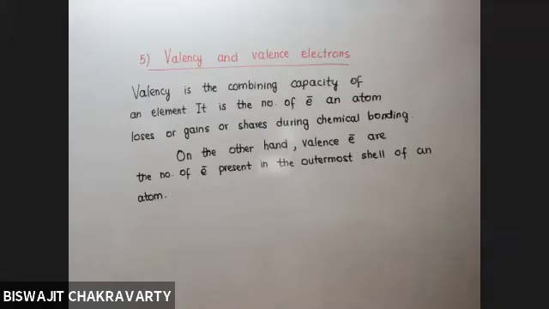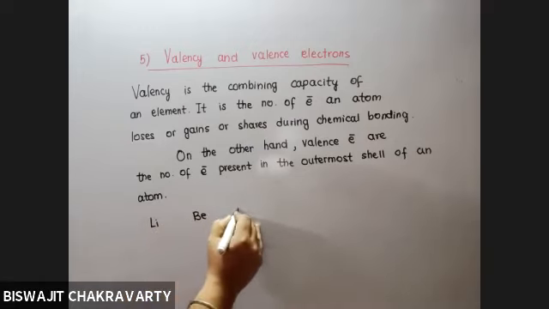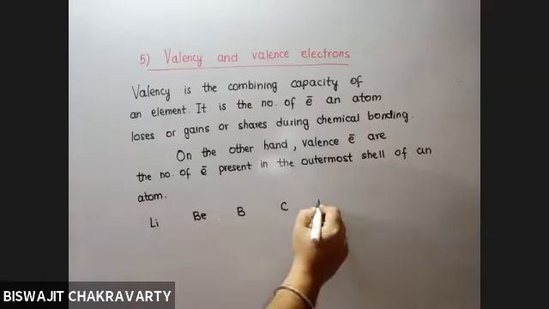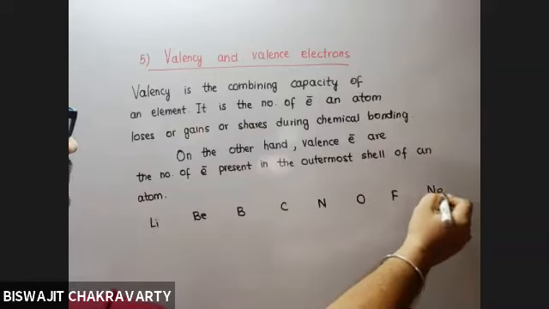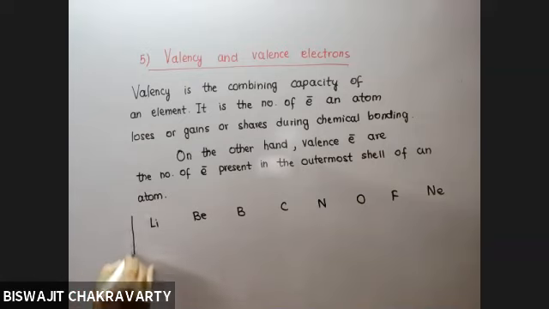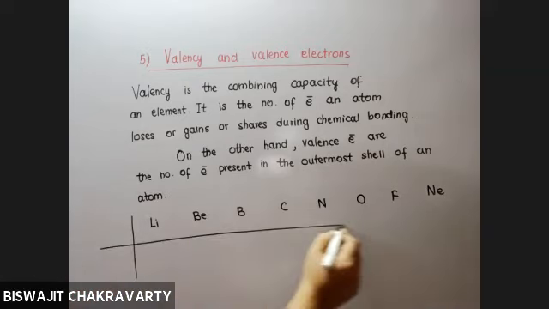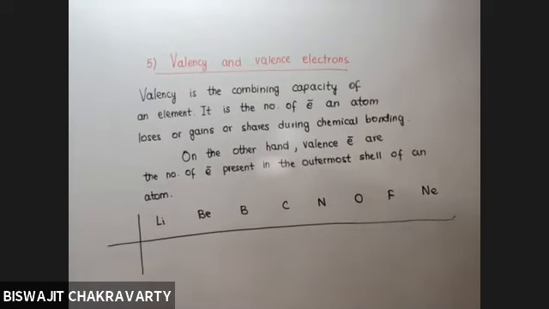Now, as I said, suppose we consider the second period elements starting from lithium, beryllium, boron, carbon, nitrogen, oxygen, fluorine, and neon. I hope it is visible to everyone.